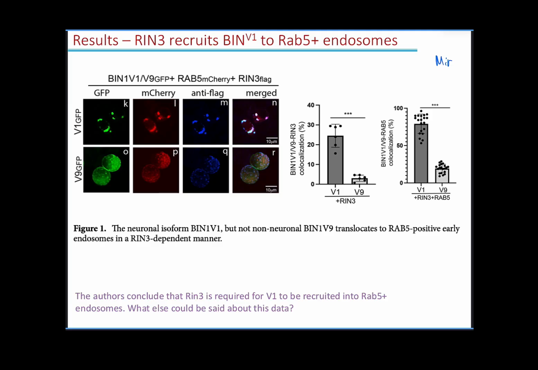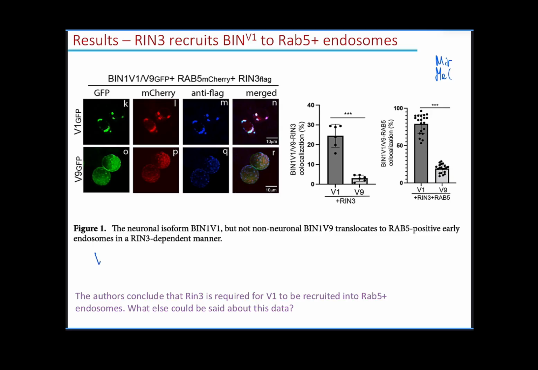Just looking at the graphs, when the Rab5 is present, it seems that there's an increase in the amount of V9 that's colocalized. So maybe that's a point. It's not necessarily that it's entirely not colocalized, but less efficient. Okay, good.